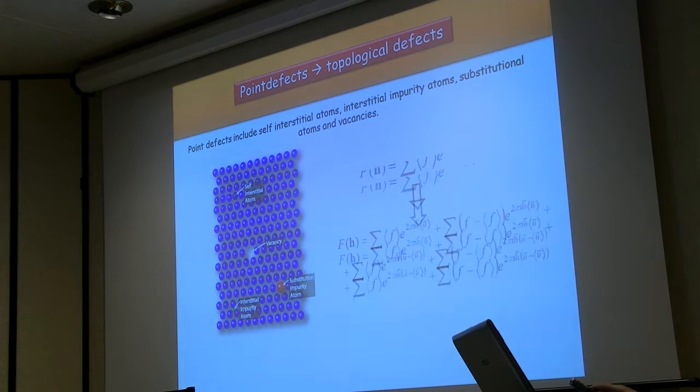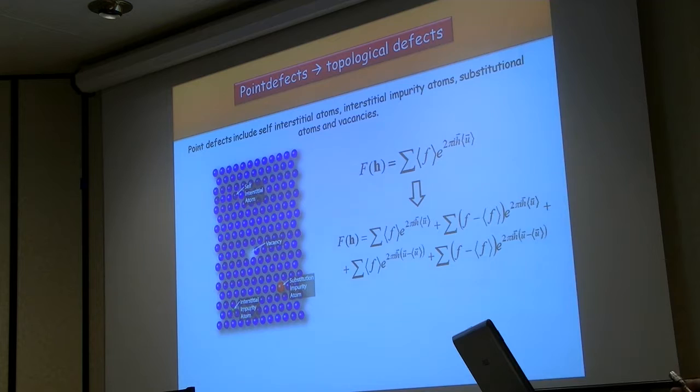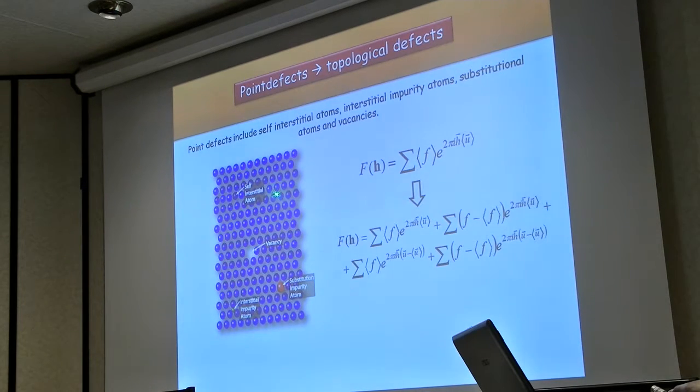But when the defects overcome a threshold and the concentration is not too low, you have to take it into account, and we have to modify the theory of diffraction and the structure factor, introducing two corrective terms.